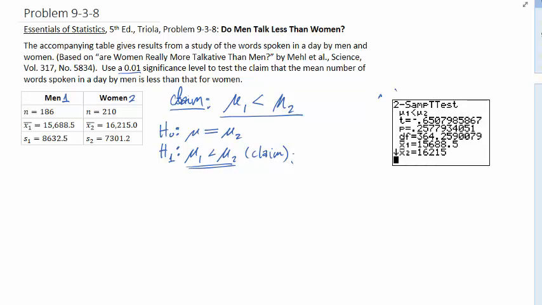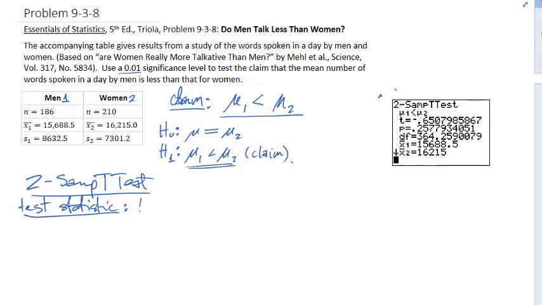In our paper, we say that we ran the 2-SampTTest, and we found our test statistic, using the appropriate symbol that identifies our distribution, t, which is equal to negative 0.651.